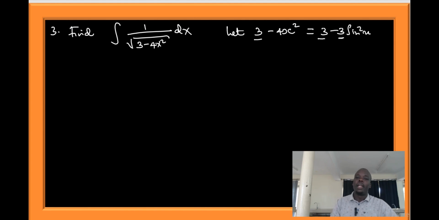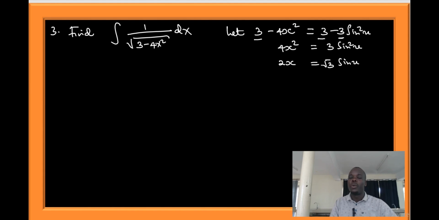So now from there, by comparison, definitely I'm going to go direct. We can see that we get 4x squared is equal to 3 sine squared of u. When you take a square root on both sides, this becomes 2x, this becomes root 3, this becomes sine of u.